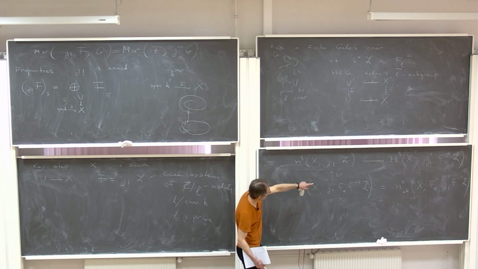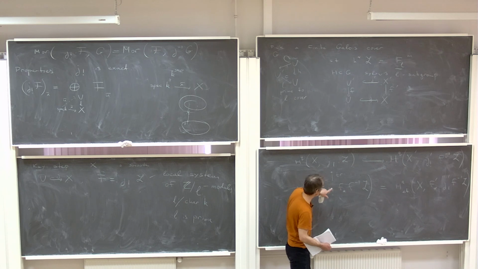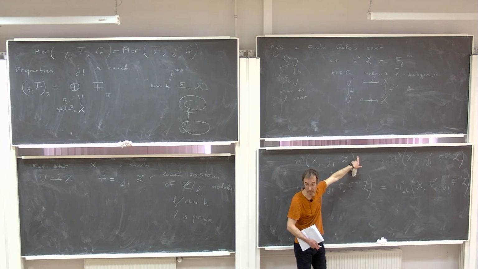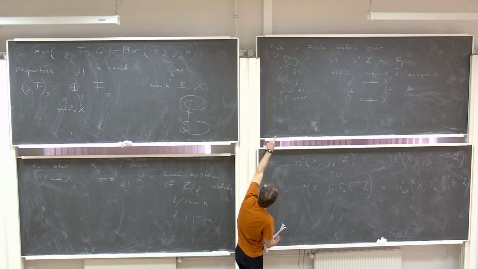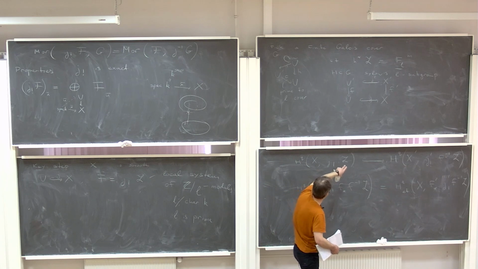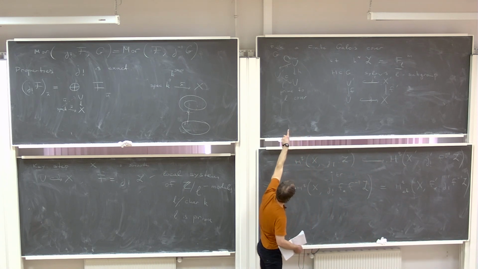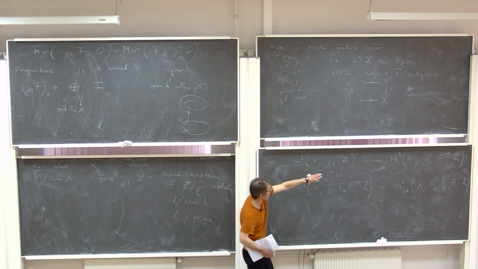So what we get is we have this map, the pullback map, and we have the map in the inverse direction, the trace map. And the composition of this map and the trace is multiplication by the degree of F, which is coprime to L. This means that this is injective.